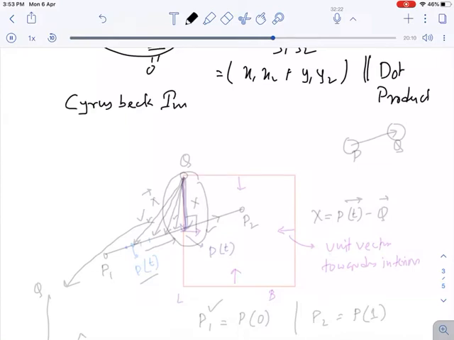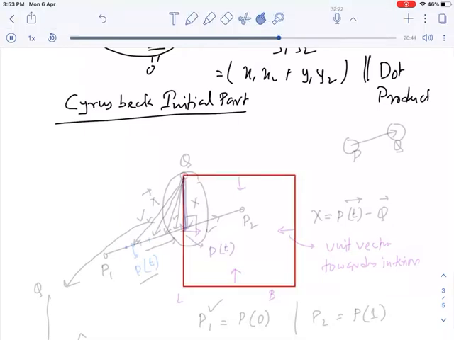In this algorithm we are considering a clipping window. It is quite a squarish clipping window.